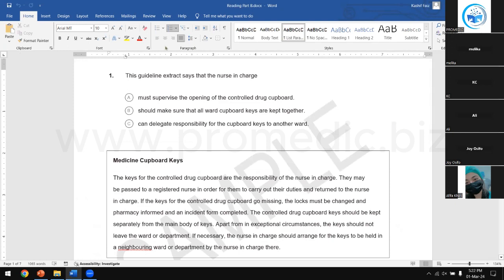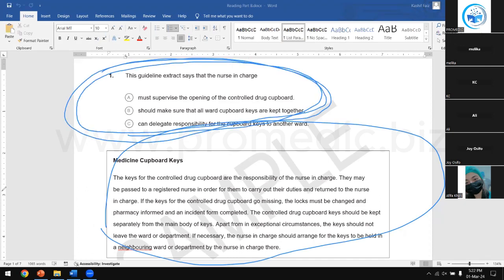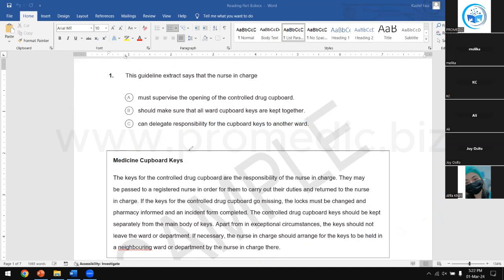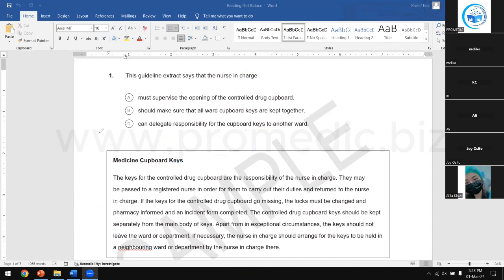What you have to do is read this, and then you have to attempt and choose the right one from here. Okay, I'll give you 1 minute, or let's say 2 minutes. You have to read this and you have to answer this. Okay, do it now. Your time starts now. All of you guys, start it now.